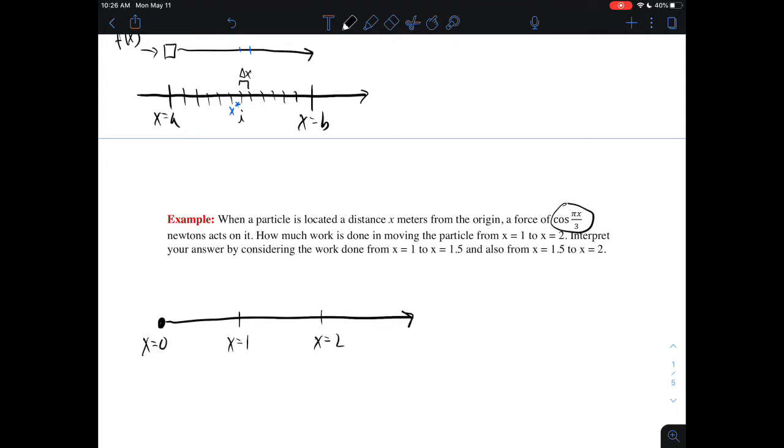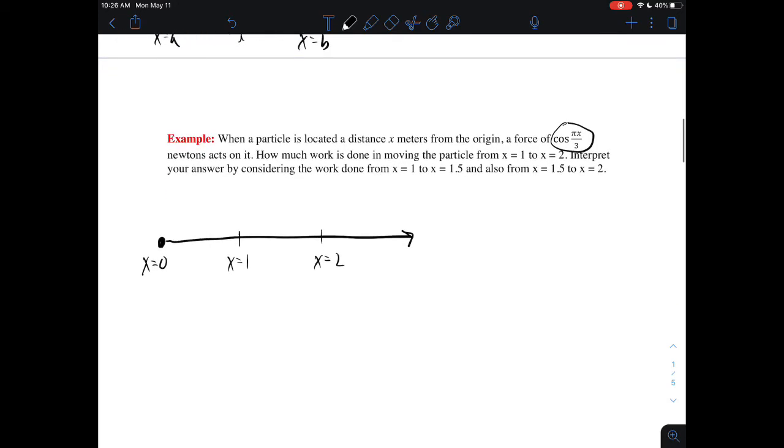Notice that that function depends on x, and x is talking about a distance from the origin. So just using our formula from the definition, work is equal to the integral, where our integrand is our varying force function, cosine of pi x over 3 dx, starting at x equal 1 and ending at x equal 2.